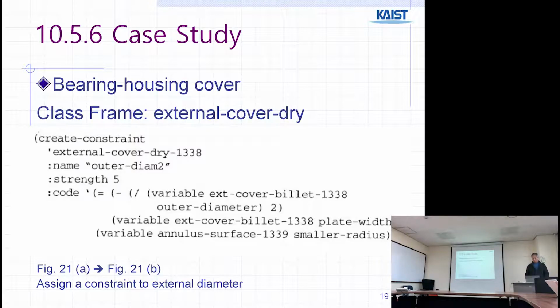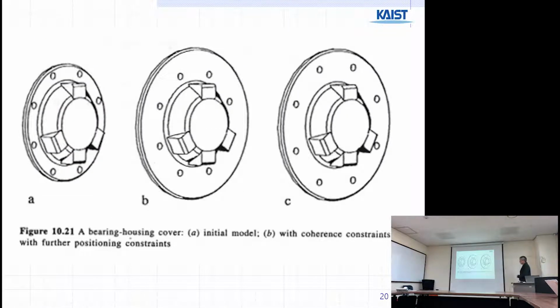Alright, case 3, another one: a bearing housing cover, with an external cover and external diameter. The initial model was not good in design, right? Because the holes are too close to the boundary, so they extend or enlarge the diameter.